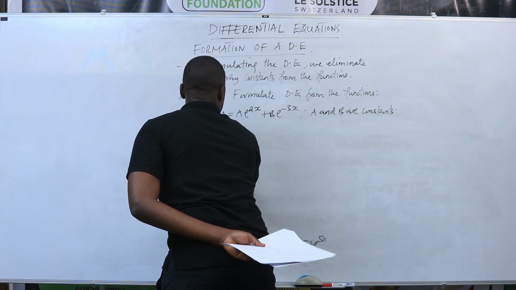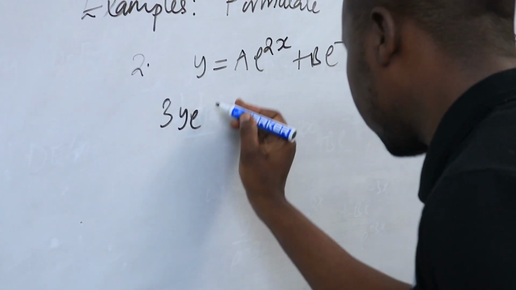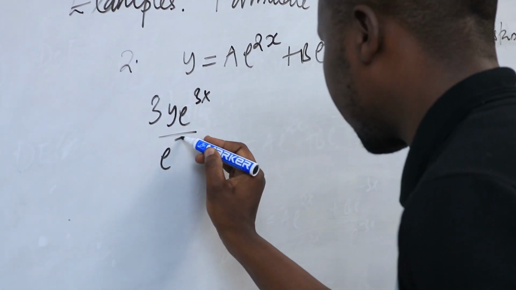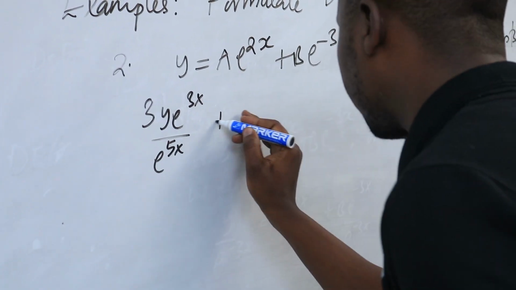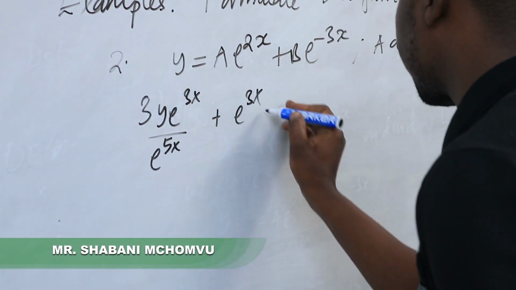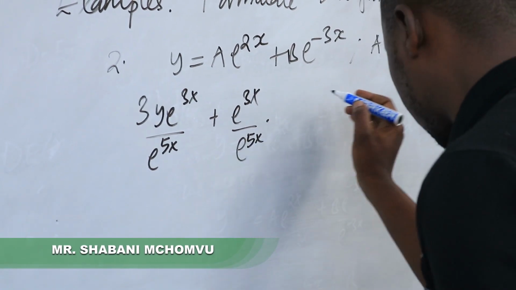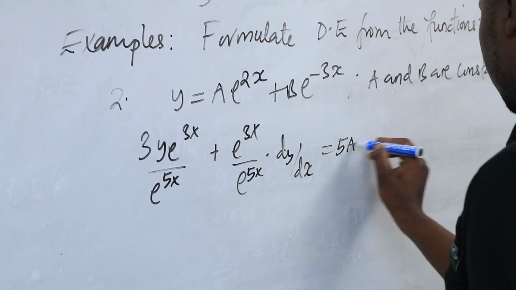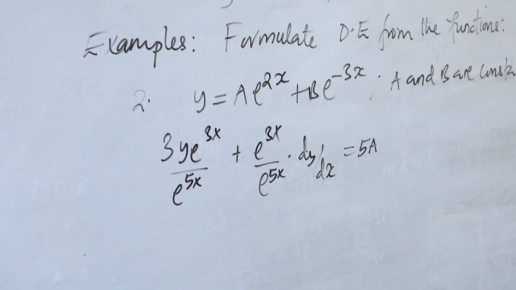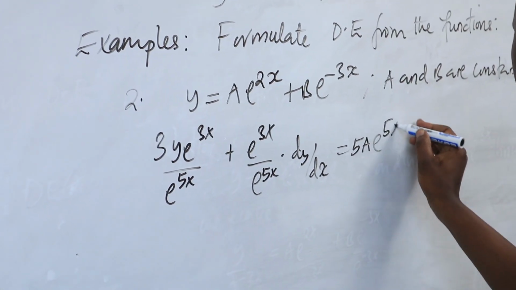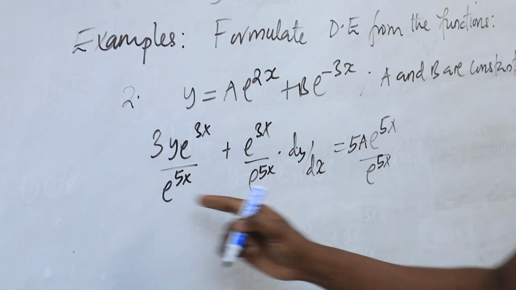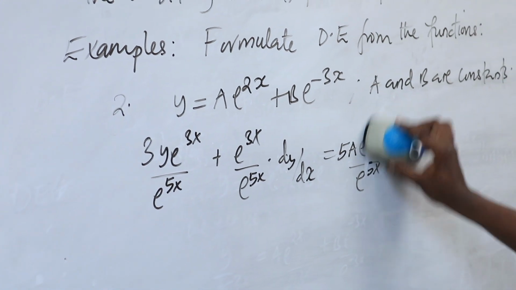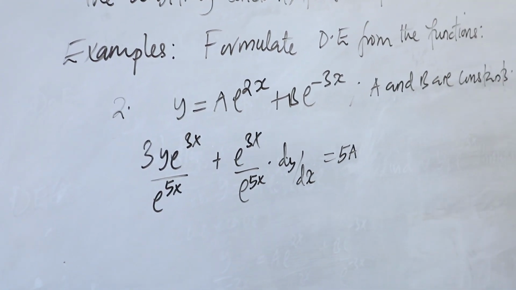So we'll have 3y e raised to 3x, now dividing by e raised to 5x, we plus e raised to 3x over e raised to 5x, then dy/dx equals 5a. Now when we divide by e raised to 5x, the terms on the left hand side go, and what remains on the right is 5a.